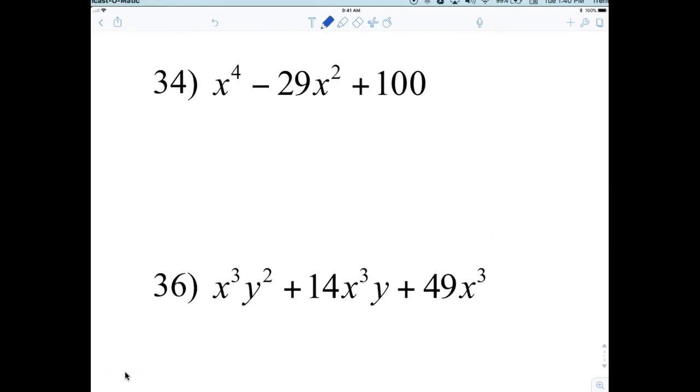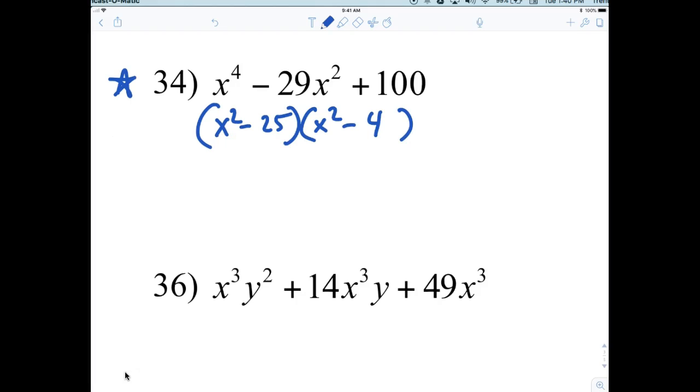Let's check out 34 now. 34 is an interesting problem. Put a little star by it. Very nice problem. All right, x to the 4th. We're trying to figure out the factors of 100 that make 29. So it'd be x squared, x squared.